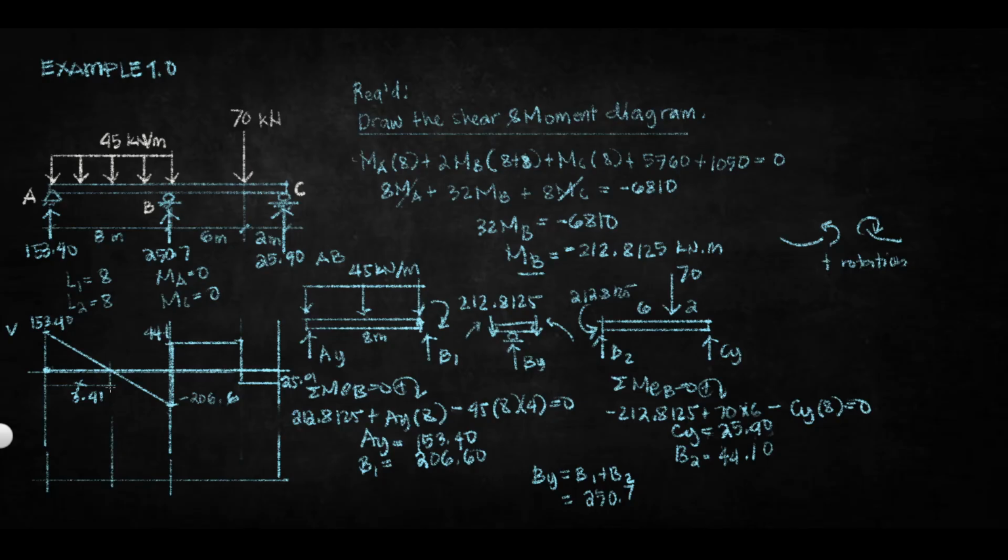So, ang shear diagram natin is from 0. I-add po natin yung area nito. So, ang area po nito is 1/2 base, which is 3.41. Ang height is 153.40. So, lalabas is 261.547.